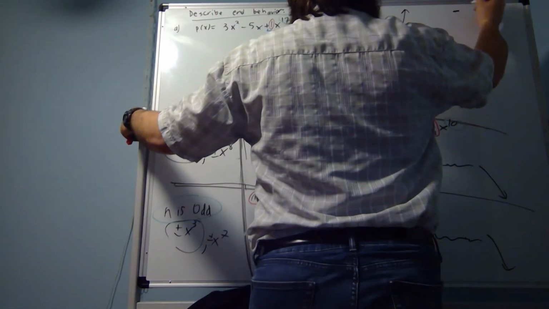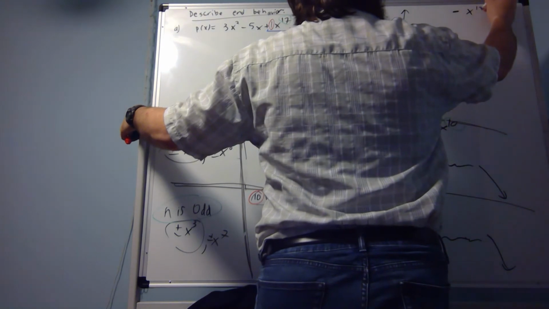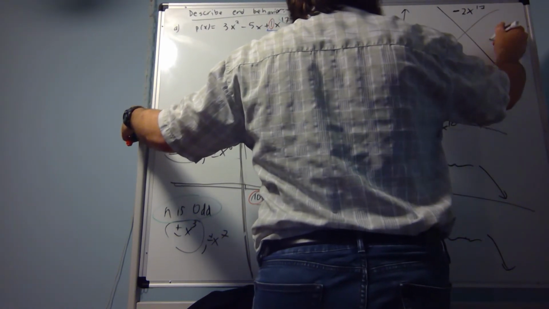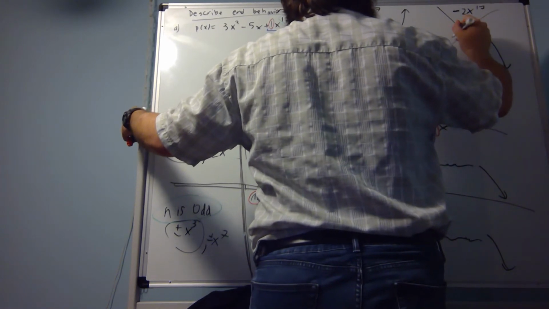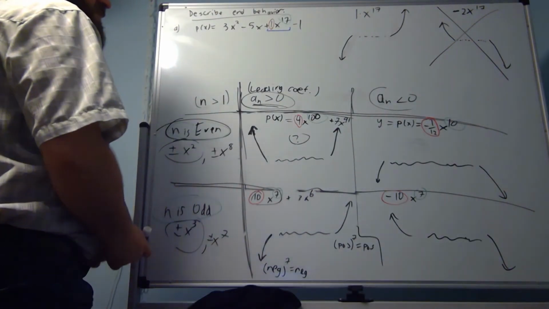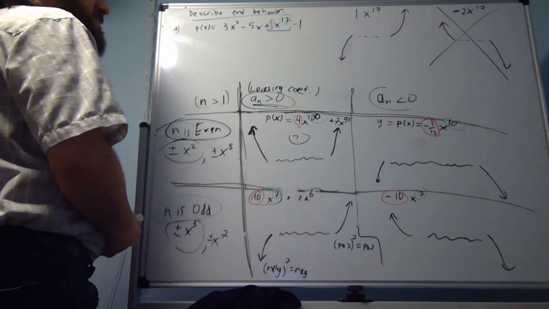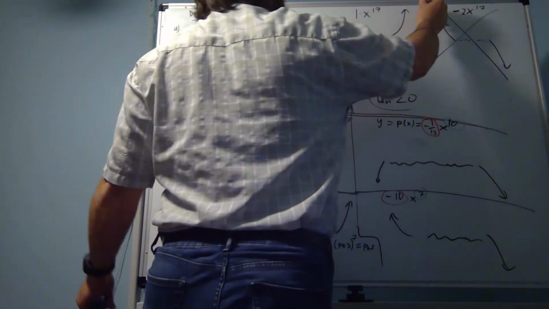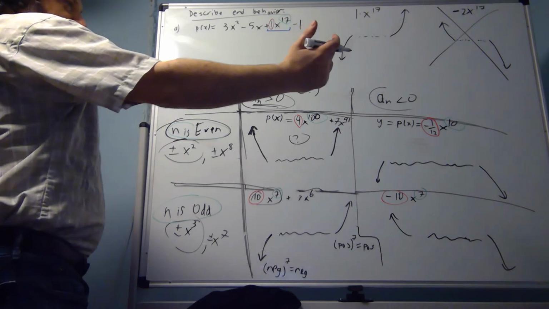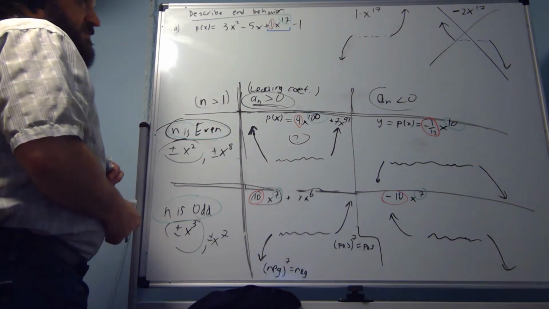If it were negative, which is not the case here, it would do the opposite. You can start with what it would do if we had a negative coefficient. It would do the opposite, but we don't have to go that far. We know it acts just like x cubed in the extreme cases.